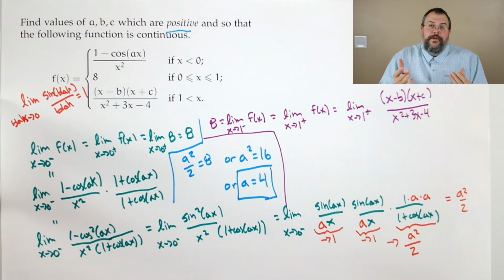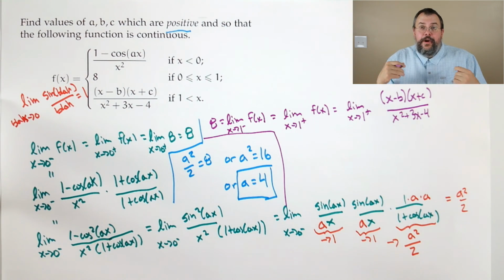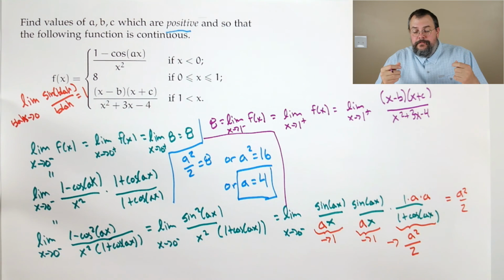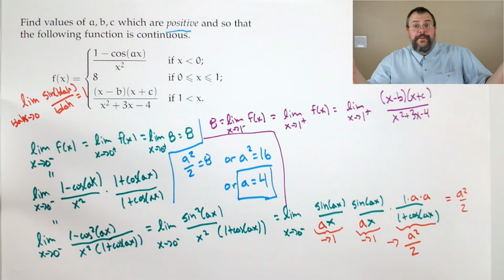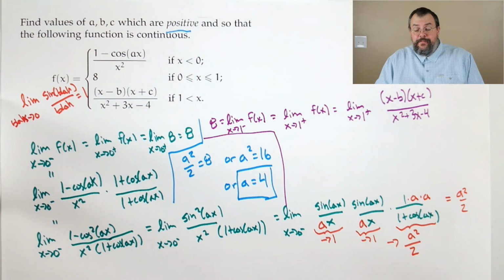Now, one of our overriding philosophies whenever we're working with limits is plug in 1 or 0 or whatever you're taking the limit to and ask the question, what's the number? And if it's a nice number, we're done. So is it a nice number?